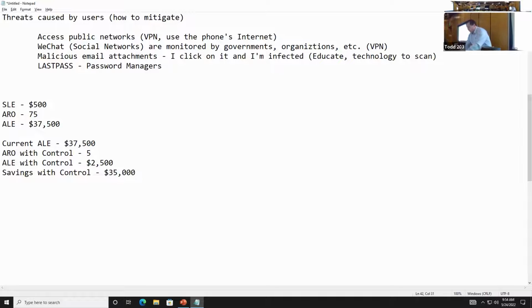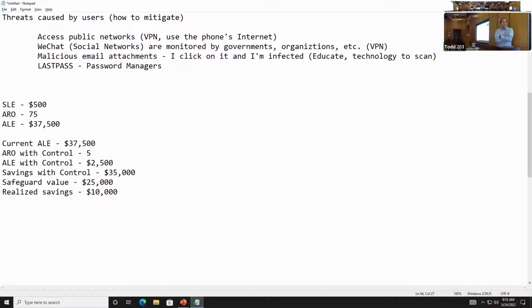But in order to save that number, I have to spend $25,000, which means I would realize savings of $10,000. So because this number is positive, we could make the argument that it is worth spending $25,000 to save $35,000. We come out $10,000 ahead.